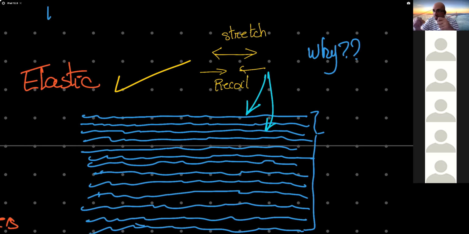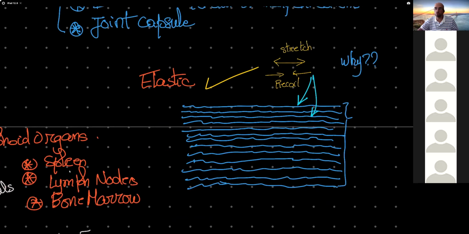When you have an elastic band, its function is not only to stretch and remain stretched. When you stretch it, it recoils. Any elastic band, all right? This is the same concept when we were looking at elastic connective tissue. Elastic connective tissue is many elastic bands.